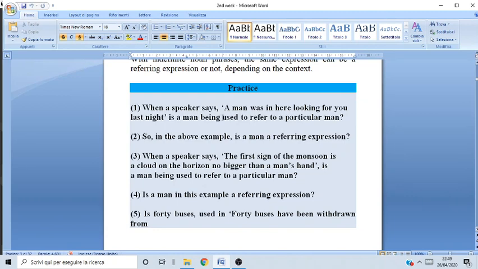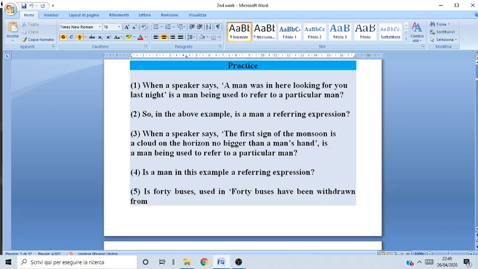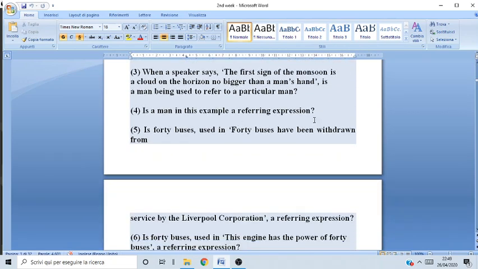Okay, so good. Let's see. Number one, is a man referring to a particular man? Yes, it is. And so it is a referring expression. But the same man here in number three is not referring to a particular man. So it is not a referring expression.